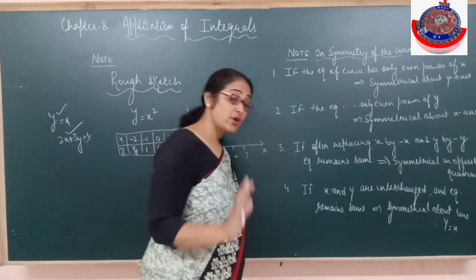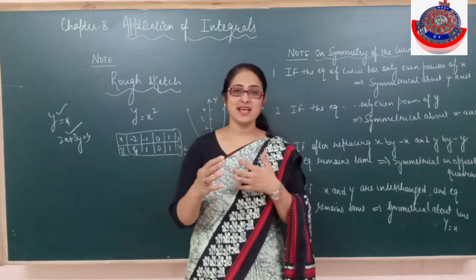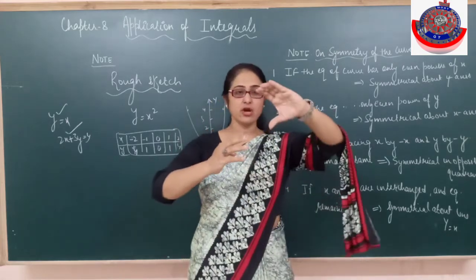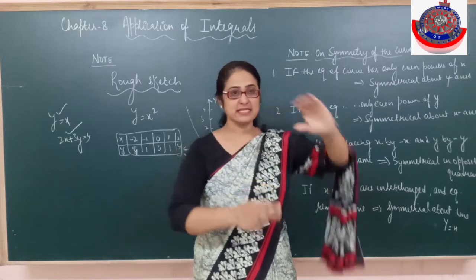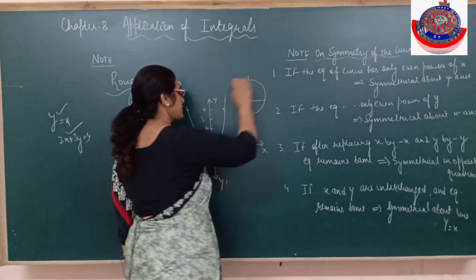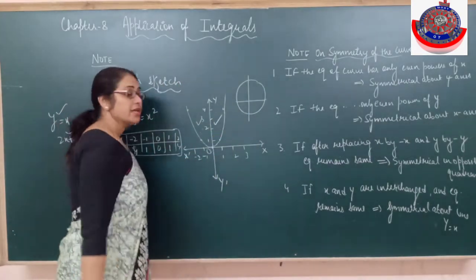Symmetry means, as you did in class 11, like an ellipse is symmetrical about the x-axis and y-axis, if you remember. Symmetrical means whatever area it is covering above the x-axis, the same is coming below. It's like this. Suppose this is symmetrical about the y-axis. Whatever is here, the same thing is here.